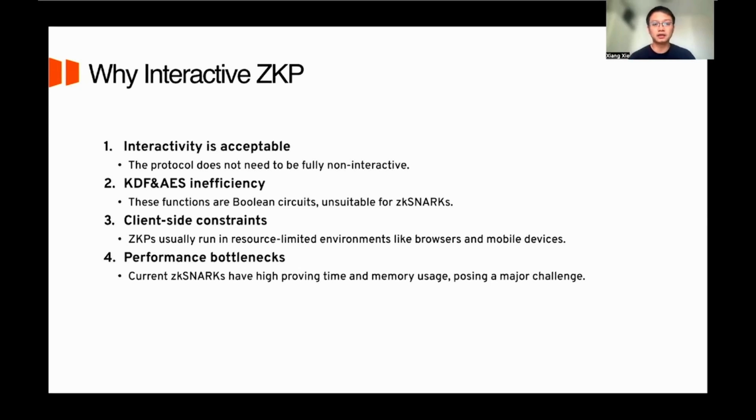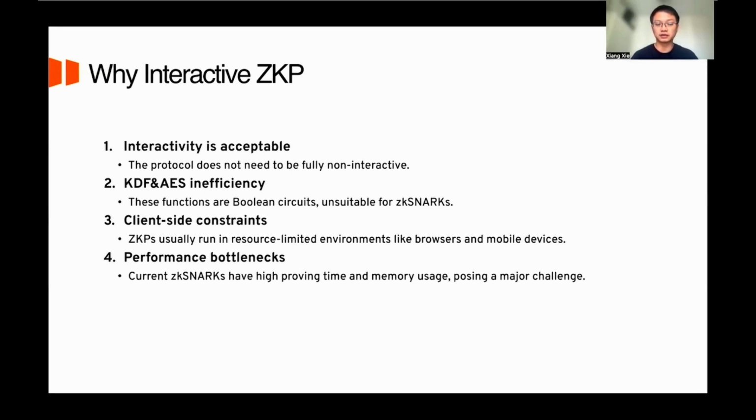So why, in this case, is an interactive zero-knowledge proof system the best choice? First of all, the protocol does not need to be fully online interactive. The TLS protocol itself is interactive, and the purpose is that the client proves, and the verifier verifies, that the data is actually from the server.